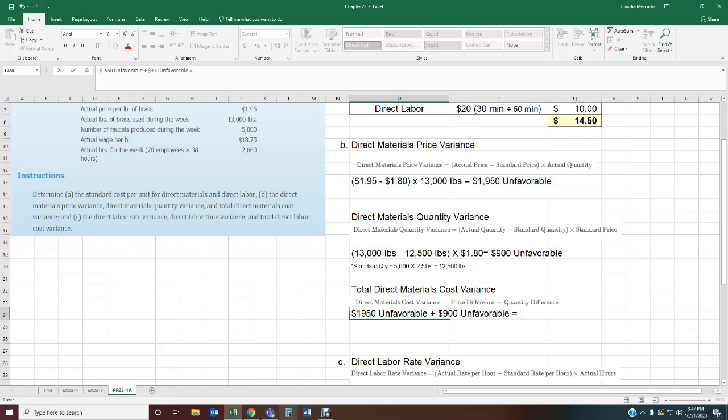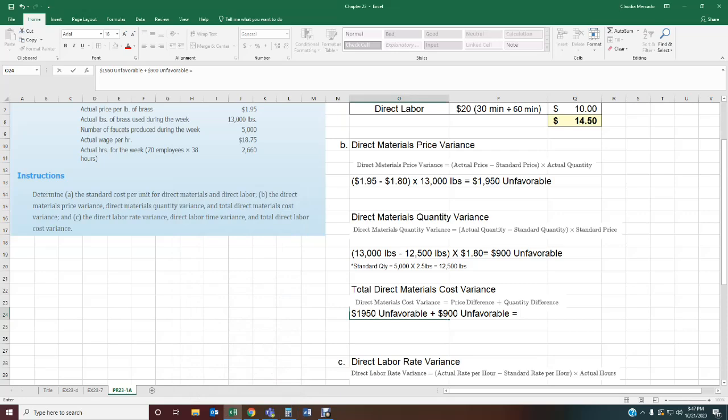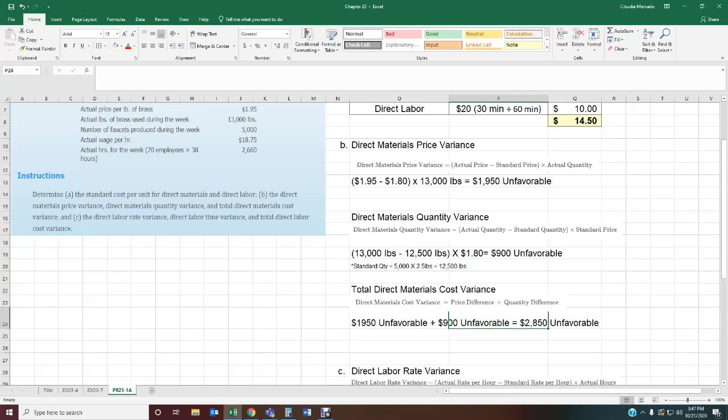That gives me 2,850 unfavorable. So when we're talking about materials, both the materials price and the materials quantity variances were unfavorable.